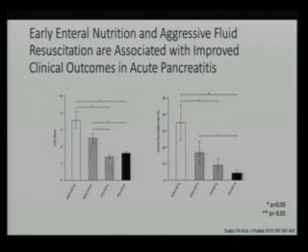And when you look at progression of severity of the pancreatitis, patients that were fed plus were under the aggressive fluid resuscitation arm tend to have less progression to severe pancreatitis and complications. But overall, if you look, just feeding itself prevents progression of pancreatitis. And this is from a pediatric cohort in Cincinnati, really good data.